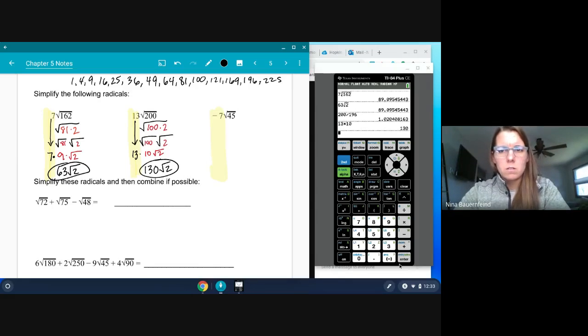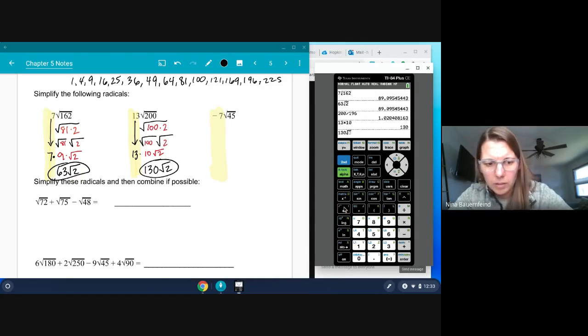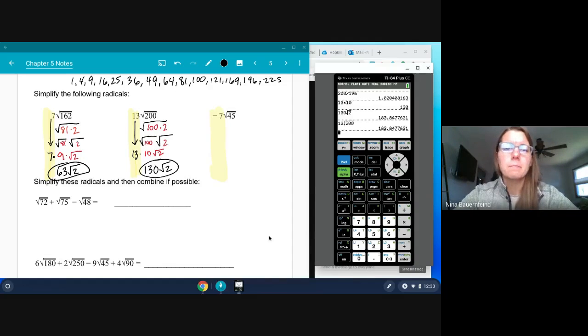Again, why is this not working? This calculator is going to make me go crazy. So we get that. And then if you put in the original one, 13 times the square root of 200, you should get the same thing. And we do, so we know we're right.